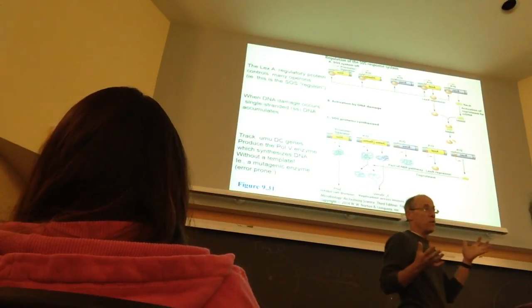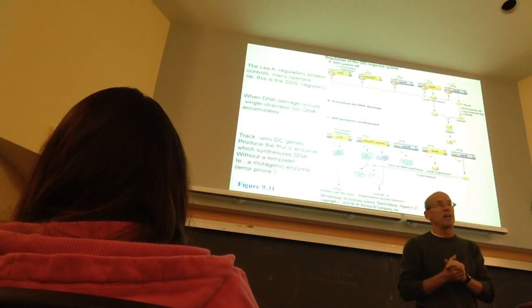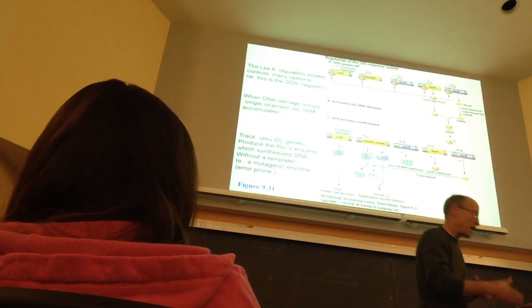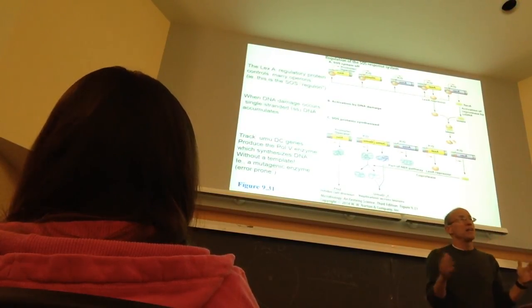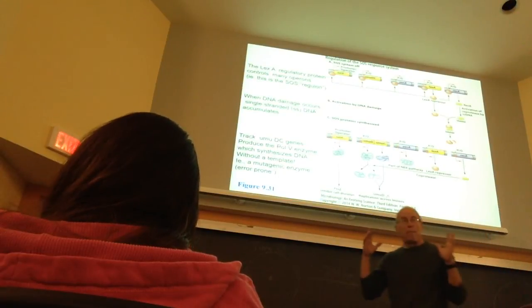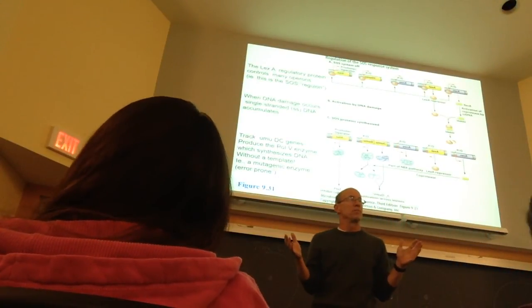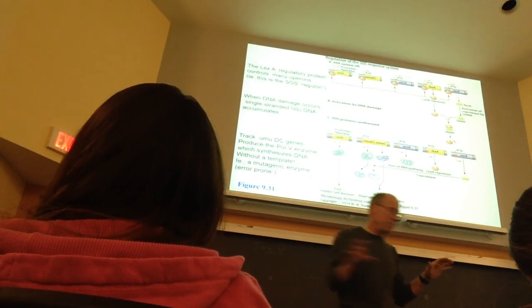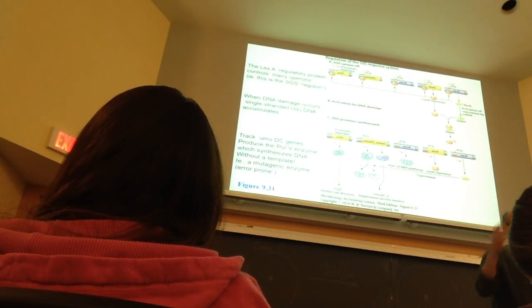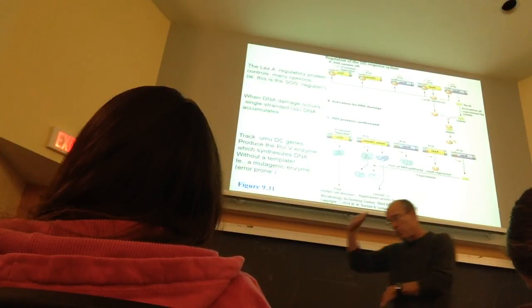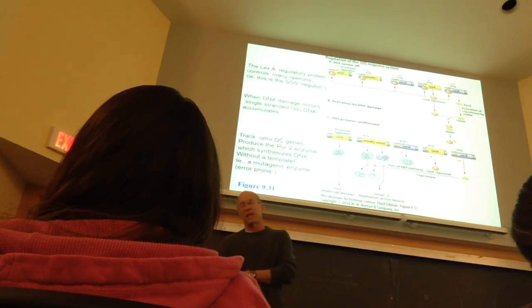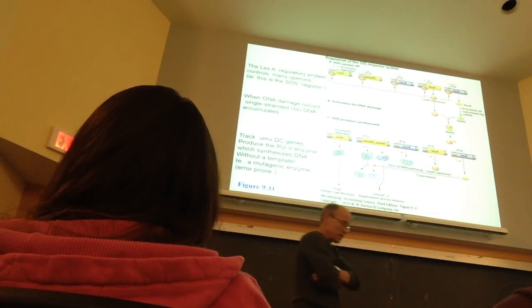So error-prone is stating it mildly. It's nothing but errors in terms of introducing mutations. But bottom line, it's repairing a broken chromosome. And if you don't make those connections again, if you're missing 50 bases completely on both strands of DNA, you are not going to be able to perform replication, and that cell is going to die.